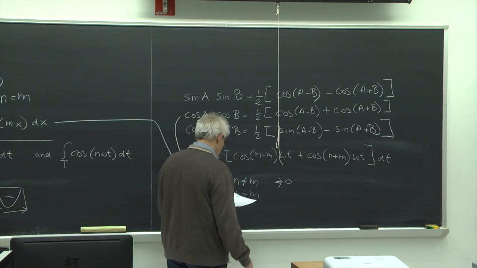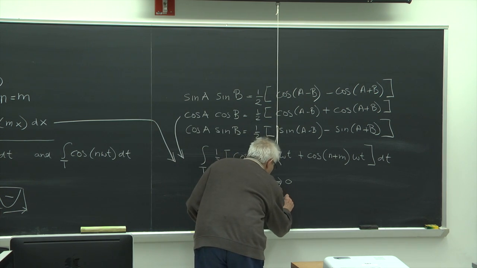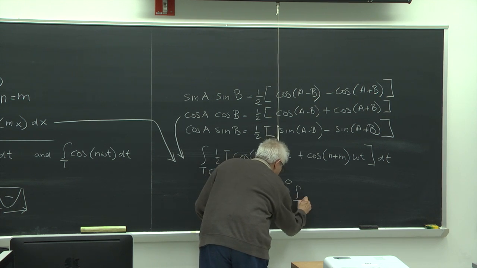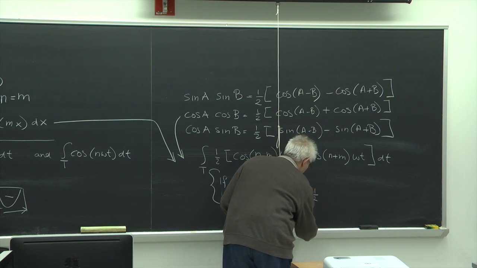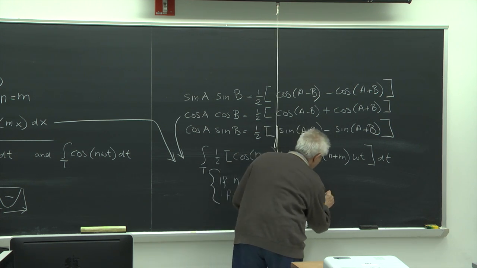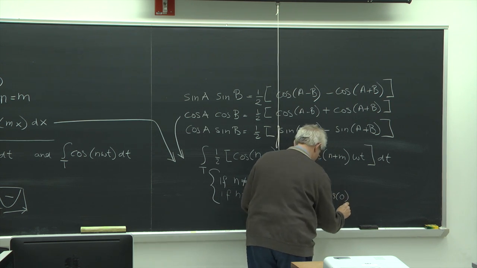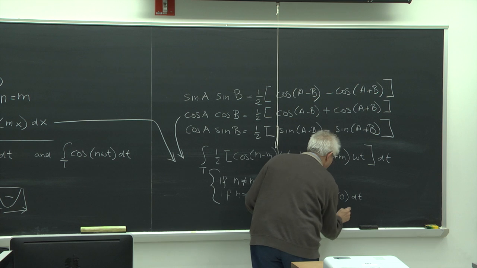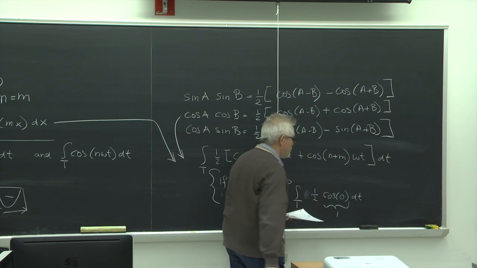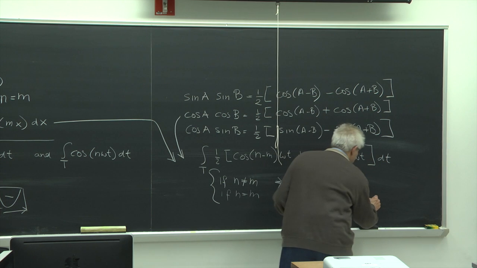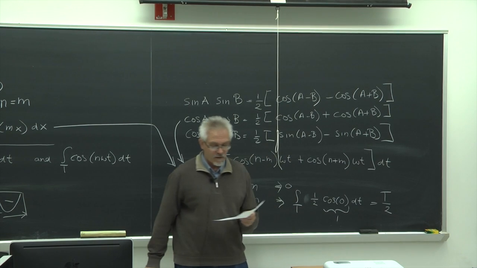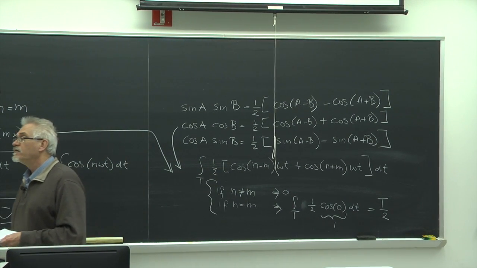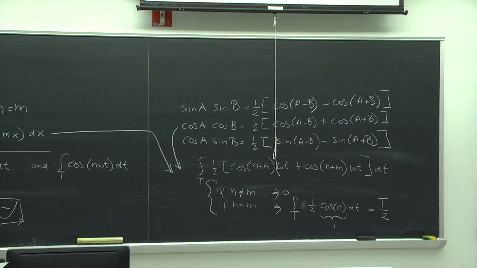So in that case, I will get, as a result, where this equals 1 always. So that will evaluate to, if I evaluate that integral, capital T over 2.